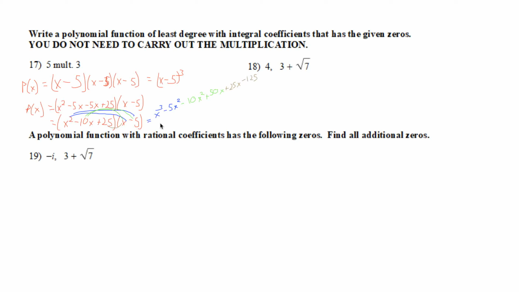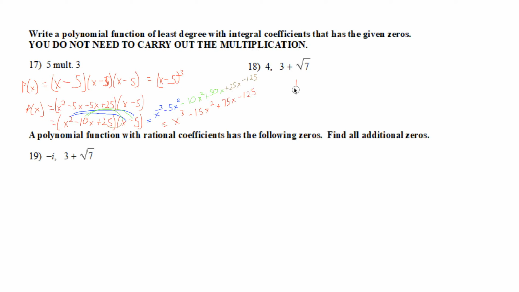And so by adding like terms, we would get x cubed minus 15x squared plus 75x minus 125. All right, next one.